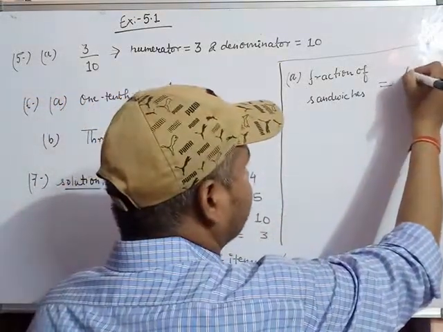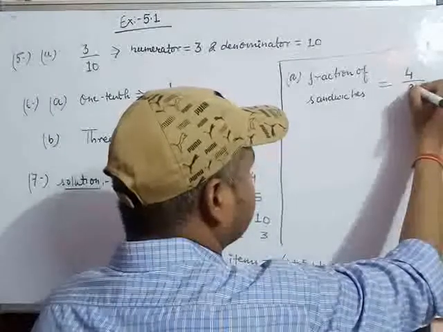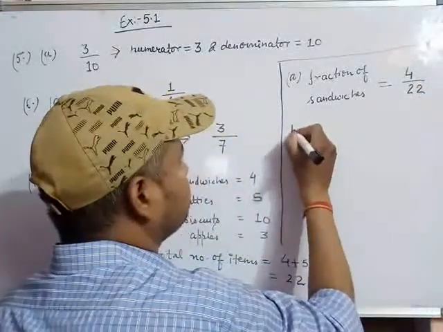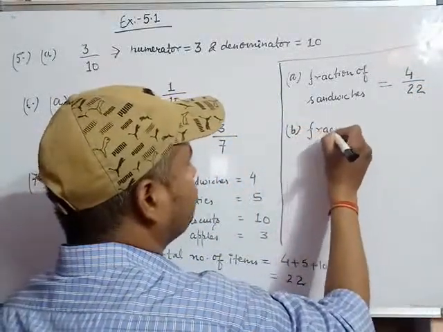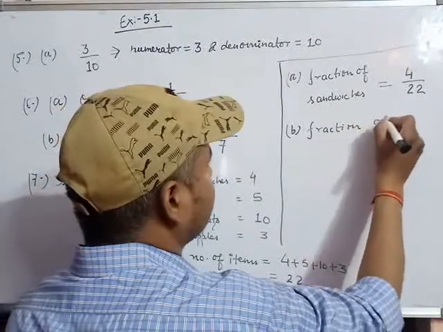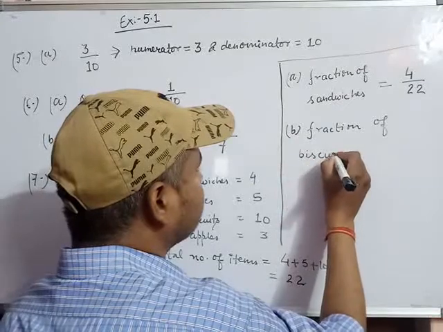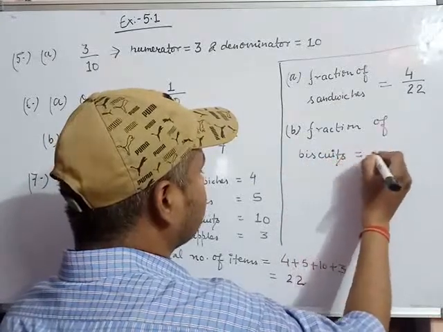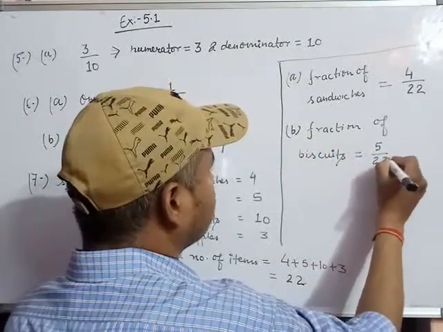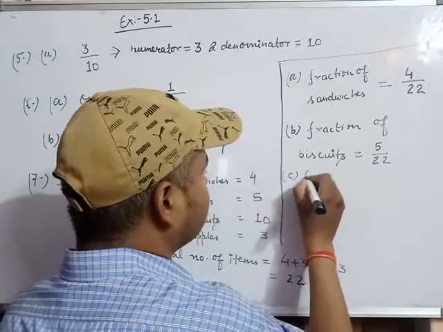So we can write the fraction of sandwiches is 4/22. In the same way, the fraction of patties we can write 5/22.